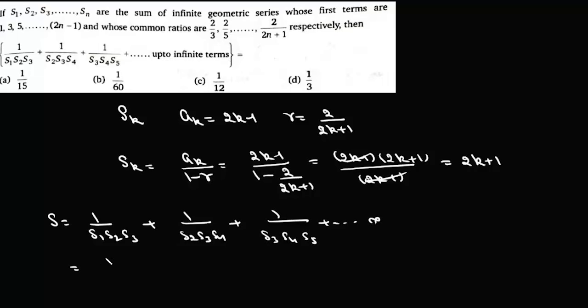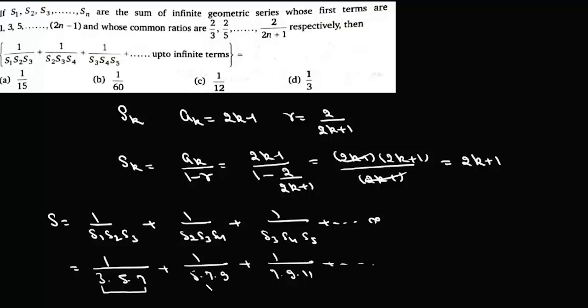Now S1 is 3, so it is 3 into 5 into 7. This is 5 into 7 into 9, 7 into 9 into 11. Now here the terms are in AP, and the difference between the first and last term in each expression is 4. So we'll multiply with 4 and we'll divide with 4.